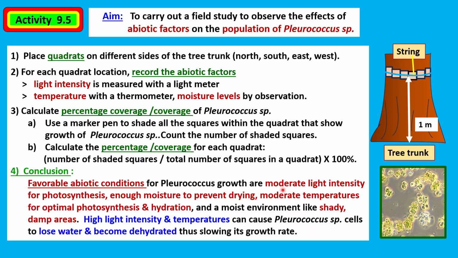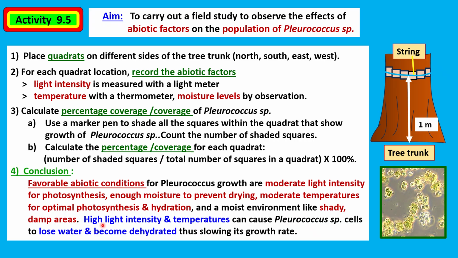Number 1, moderate light intensity for photosynthesis. Number 2, sufficient moisture to prevent drying. Number 3, moderate temperatures for optimal photosynthesis and hydration so that the Pleurococcus doesn't dry out. And it needs a moist environment like shady, damp areas with some amount of sunlight for photosynthesis.